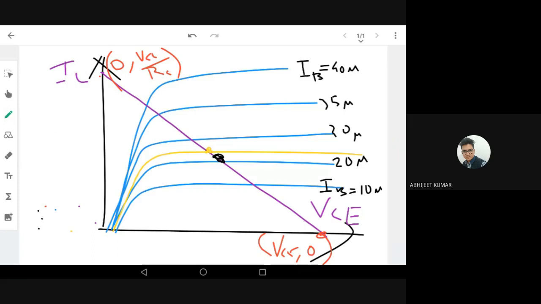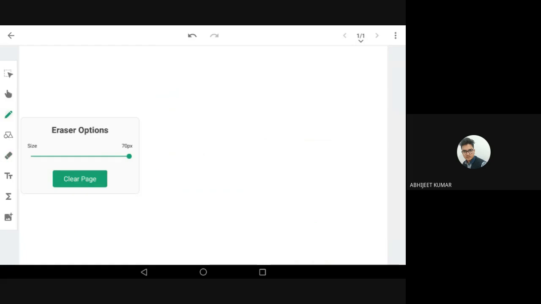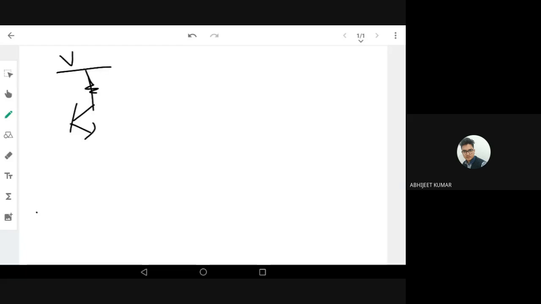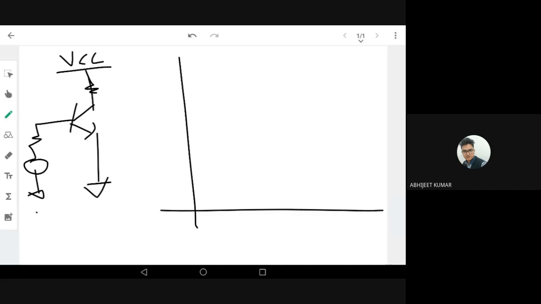Let's discuss that concept right now. Suppose I have a transistor here and I have some VCC here. If I have an initial load line like this, what will be the new load line if I change the VCC? If I change VCC from 5 volt to 10 volt, what will happen?